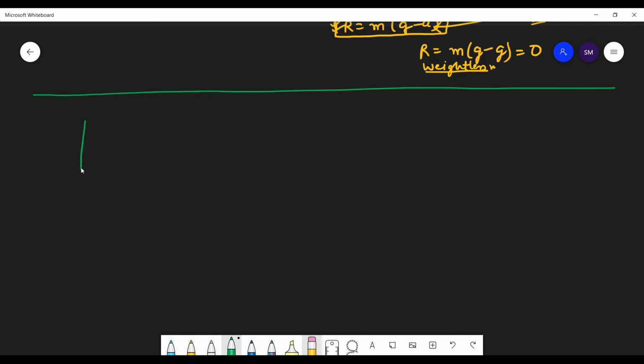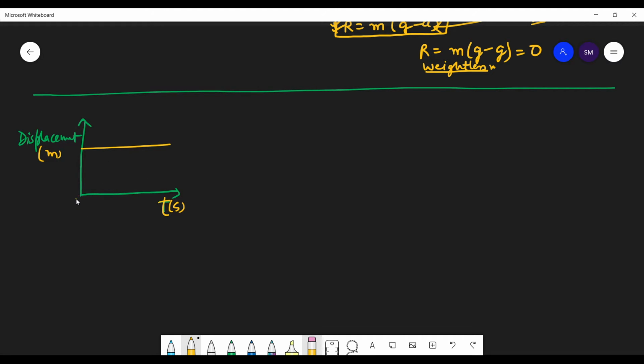We have a displacement time graph. Which situation is it telling? This is time. This is displacement. And you have this graph. So what information is this graph giving you? Displacement time graph, what is it telling you?